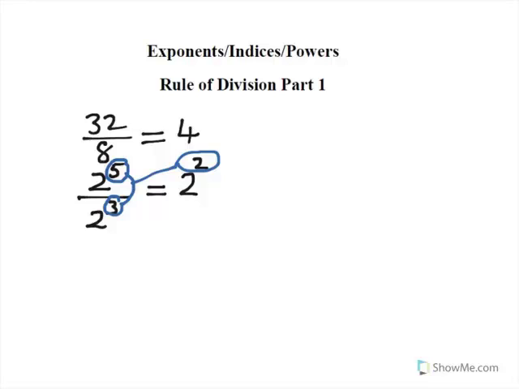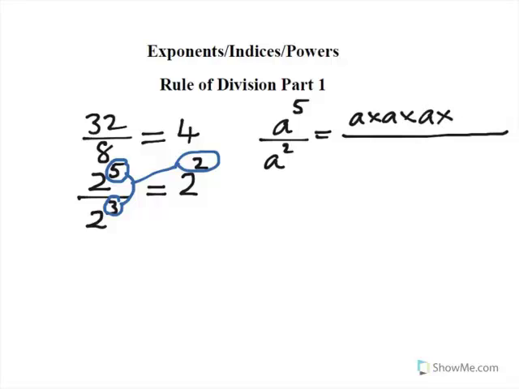So it would seem that we subtract the powers if the base is the same when we're dividing. Well, let's have a look at another example. Suppose it's a to the power of 5 divided by a squared. If we write this out in full, a to the power of 5 is a times a times a. How many times? Well, the answer is 5 times. And a squared is a times a.